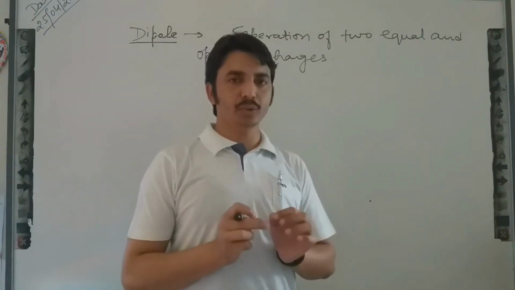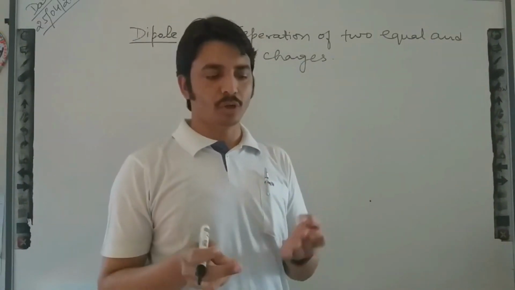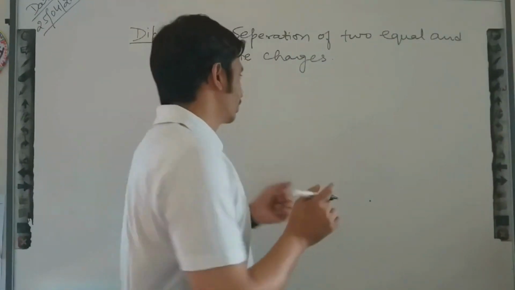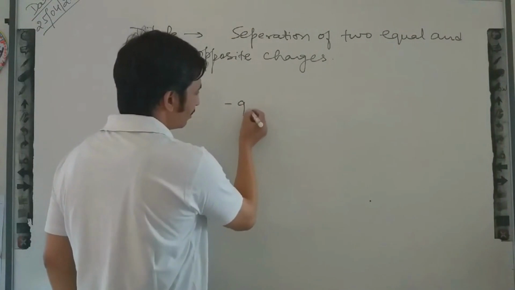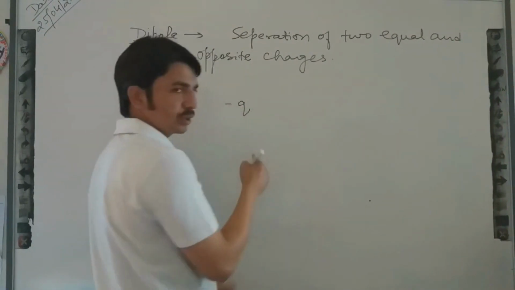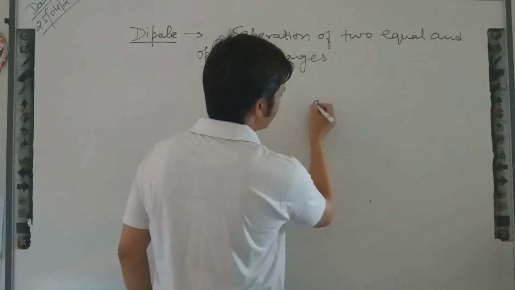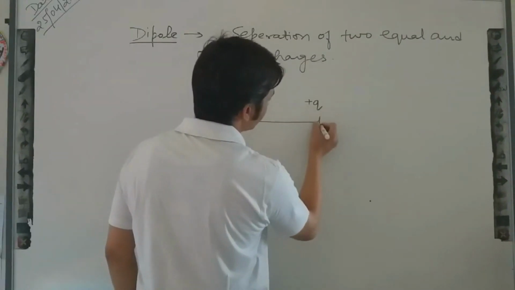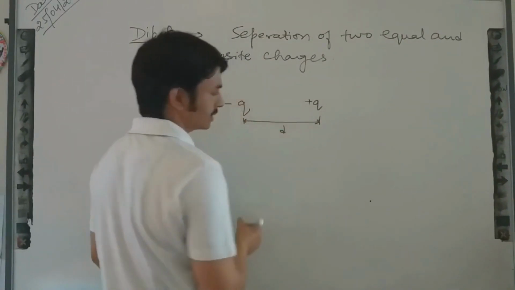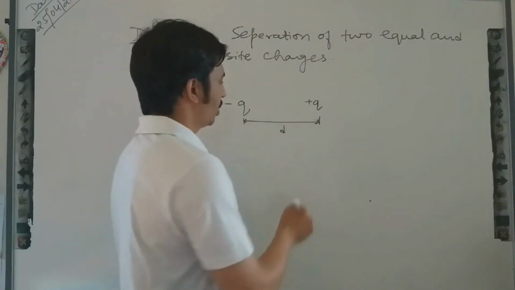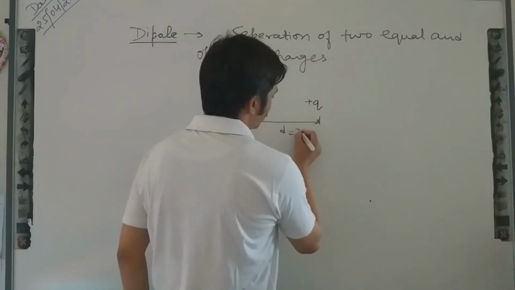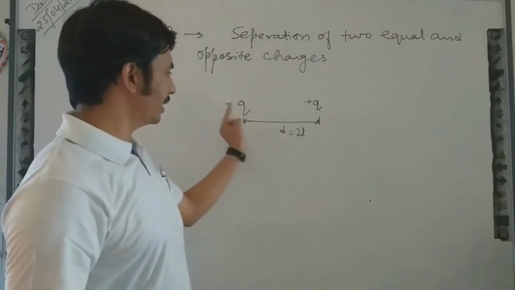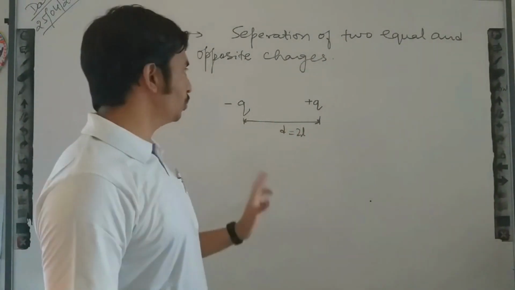If we discuss electron and proton, the electron has negative charge and the proton has positive charge. If one charge is negative, that is known as minus Q, and the other charge is plus Q, and we keep these two charges at some distance, which we consider D or sometimes 2L.